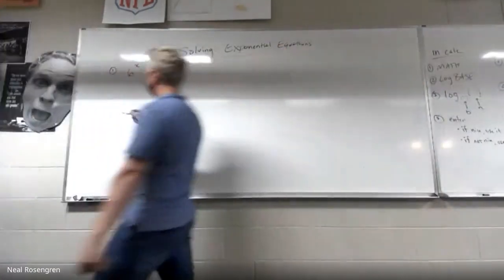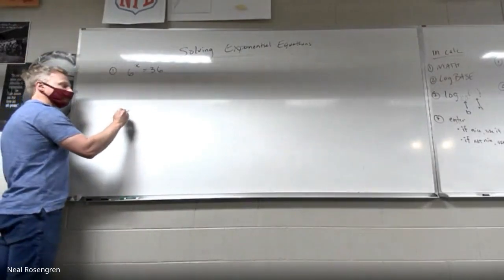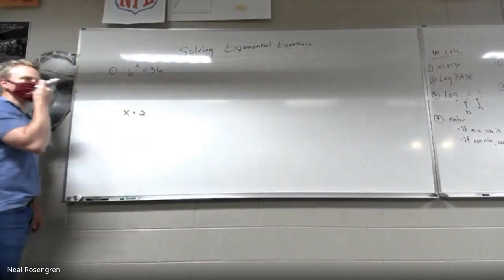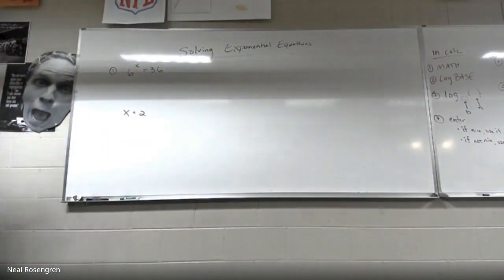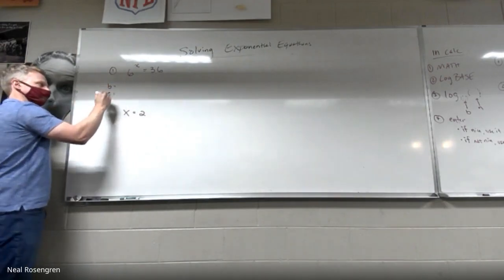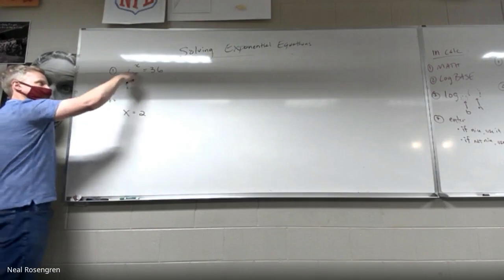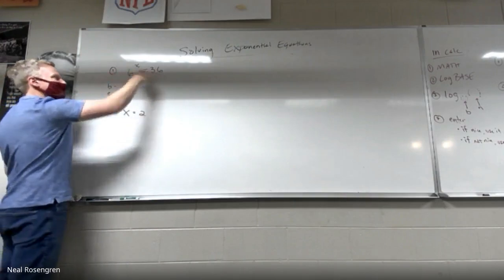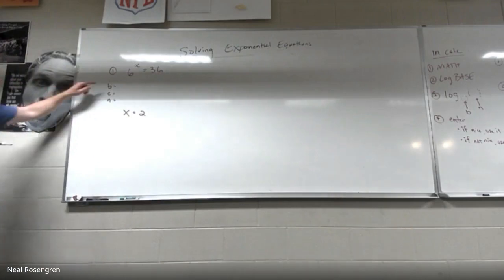X equals 2. Now, just for good measure, let's see if we can make the switch from exponential form into log form and make sure we get it right. The easiest way is to identify base, exponent, and the answer, b, e, and n.